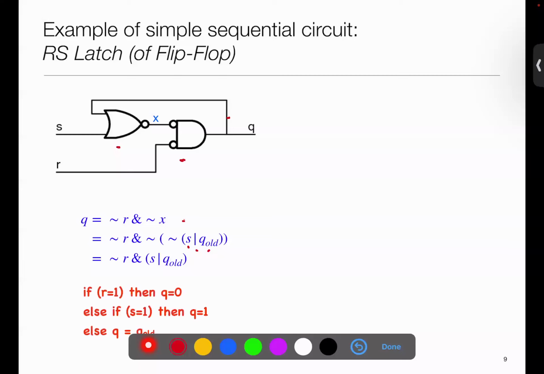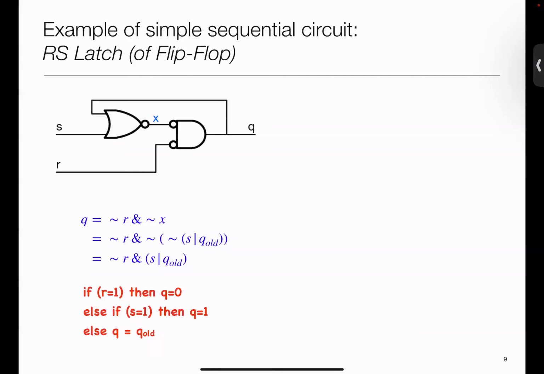So in programming terms, we can say: if R equal to 1, then Q is 0. Else, if S equal to 1, then Q is 1. Otherwise, Q is equal to Q old. So what's happening here is R is like a reset. It's resetting Q to 0. S is like a set.